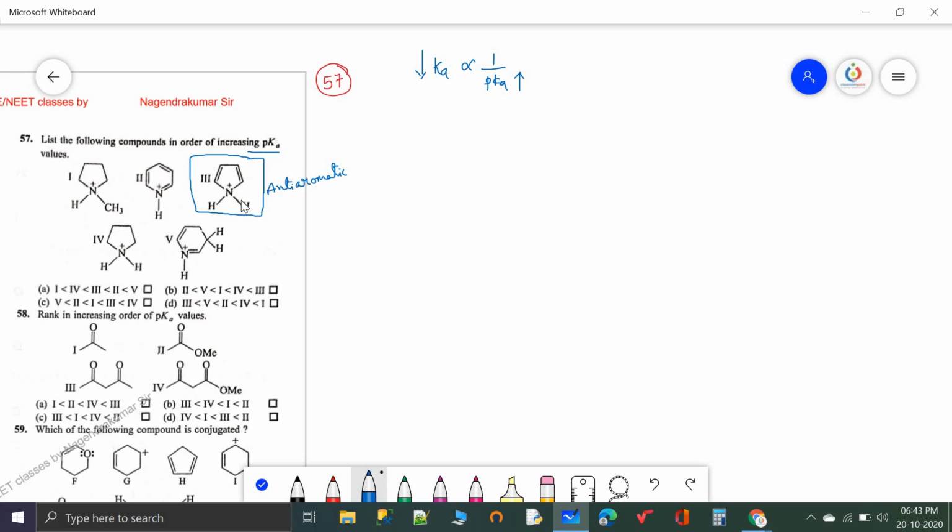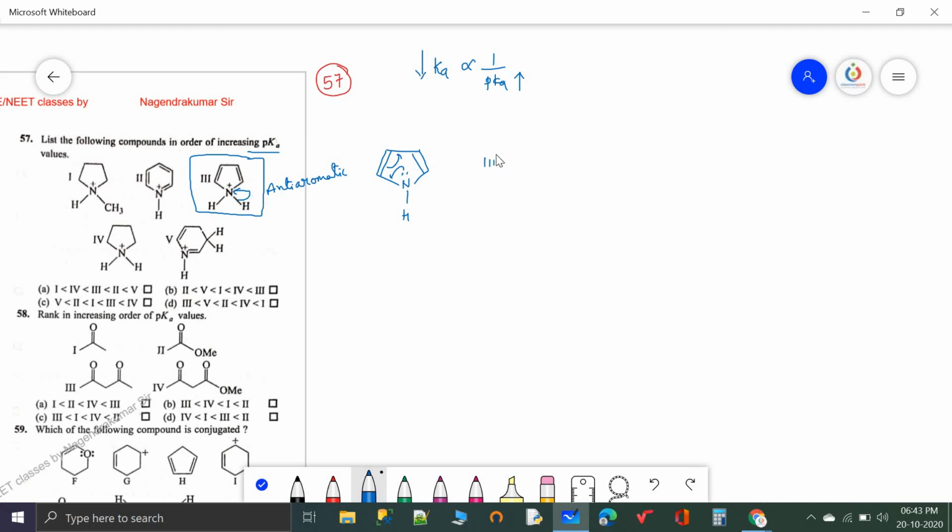So to get its stability, this molecule readily loses this H plus ion and brings the nitrogen-hydrogen electrons back onto the nitrogen. So the final molecule becomes like this, which is the pyrrole molecule, where a pair of electrons is there. This pair of electrons is required for this molecule to get the aromatic nature, because this pair of electrons participates in the delocalization process. So this molecule is the strong acid.